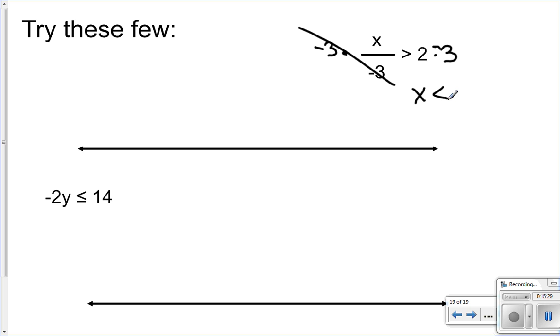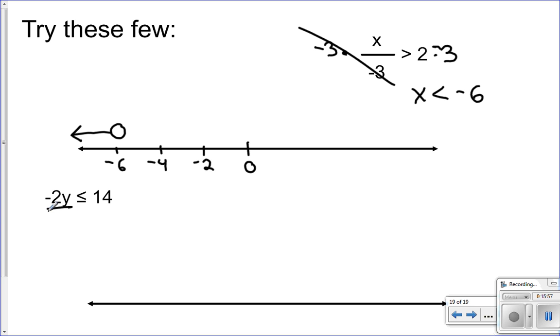X is less than 2 times negative 3, negative 6. Notice I flipped the sign when I multiplied by a negative. So here's 0, negative 2, negative 4, negative 6. X is less than negative 6, so it's an open circle, and everything less than it.